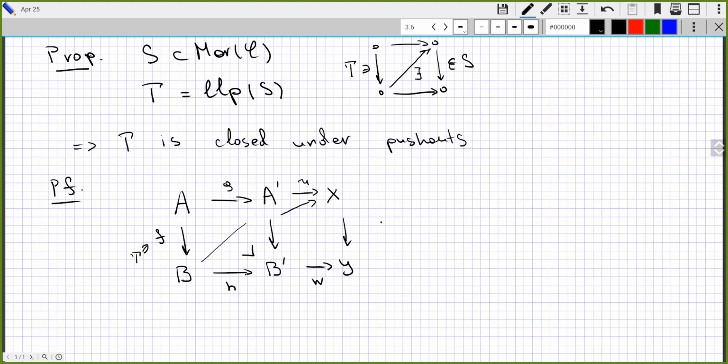Something like this. And we want to show that for the square on the right, there's a lift.